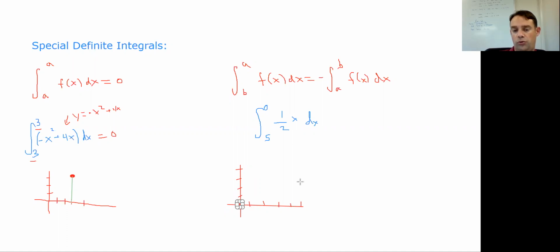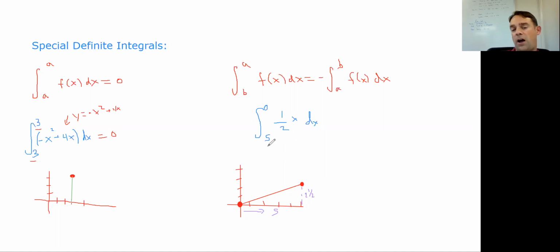So that's 2.5. So that would be 2.5 is the height. And when I went this way, I went in a positive direction, so my base was 5. That's why we did base times height divided by 2.